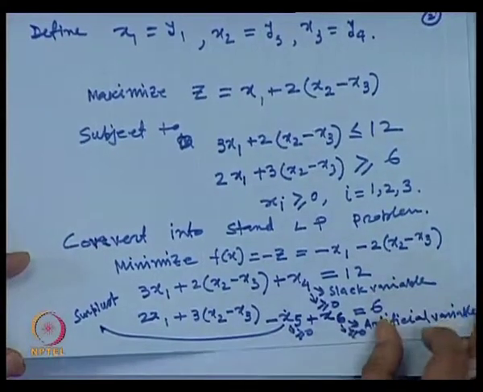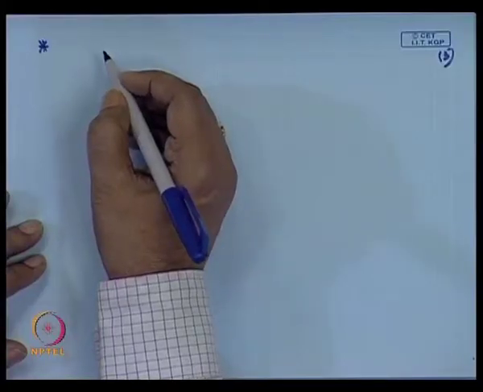Let us see how it is solved using the tabular form. So, the two phase simplex method, you can write, is an approach to handle the artificial variables whenever they are added to the system equations.